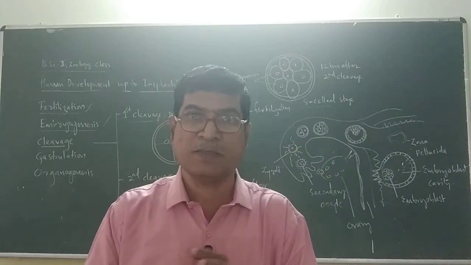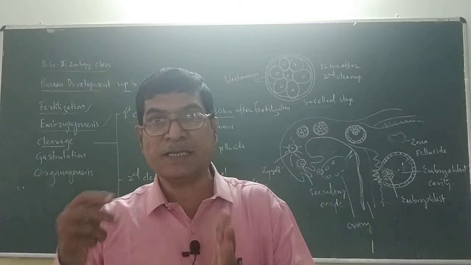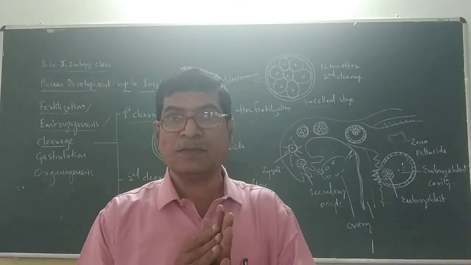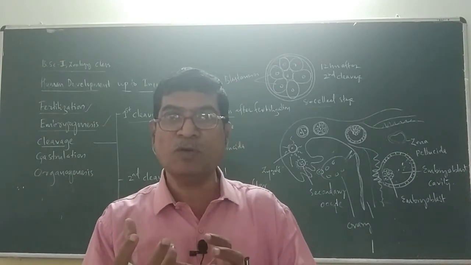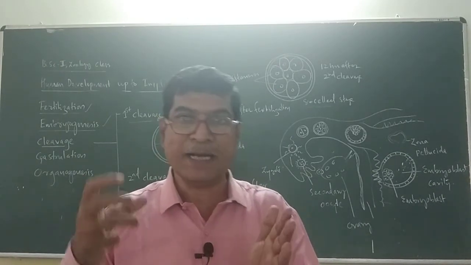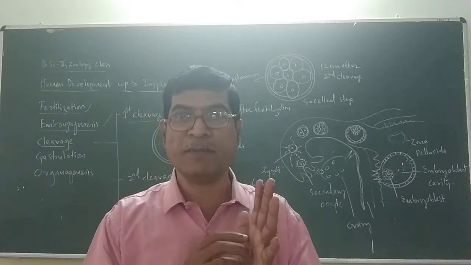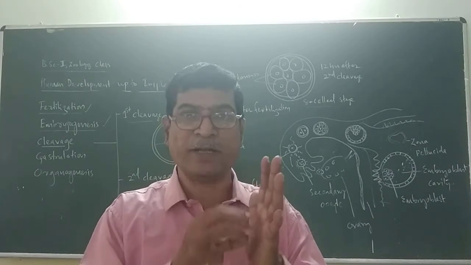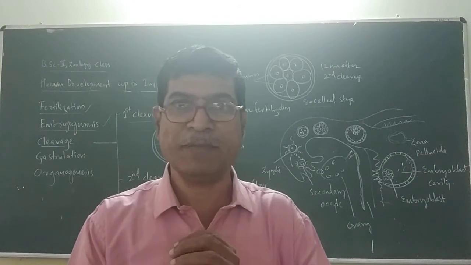As long as the embryo is surrounded by the zona pellucida, the embryo doesn't attach to the endometrium. So soon after the release of zona pellucida, the embryo becomes naked, and now it can attach to the surface of the endometrium. This attachment of the blastocyst to the endometrium is known as implantation.